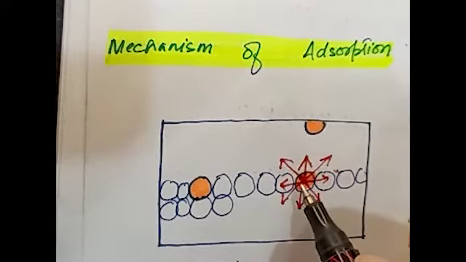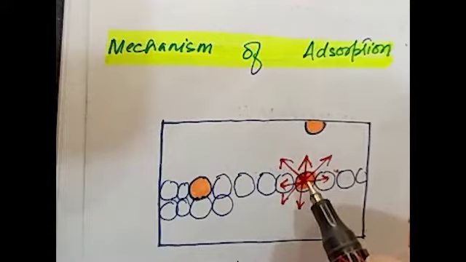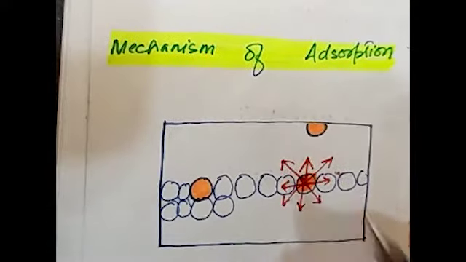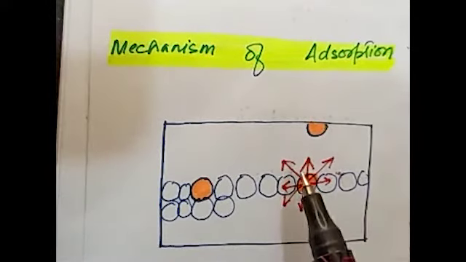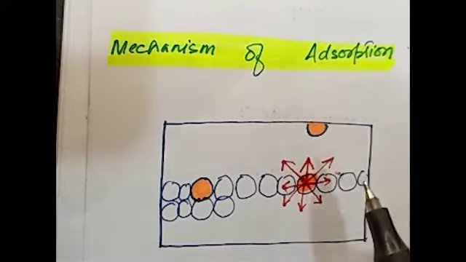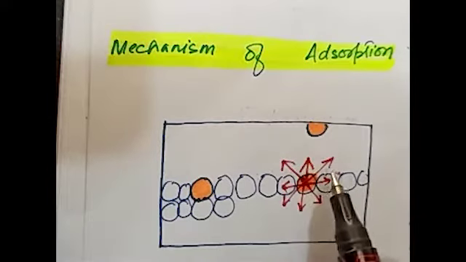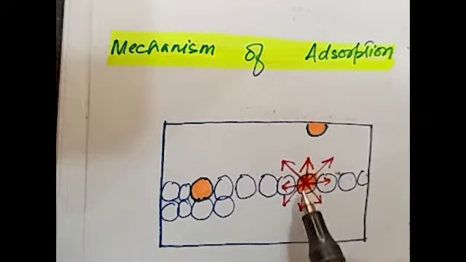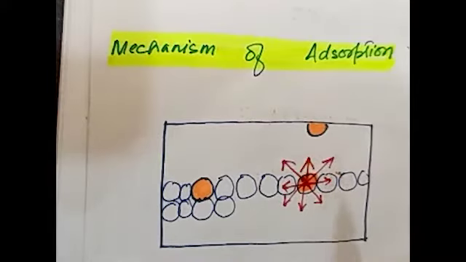In two dimensions we can see that. In three dimensions there will be more forces, but at least we can understand all the forces are balanced by each other. So the net resultant force acting on this orange particle is zero.